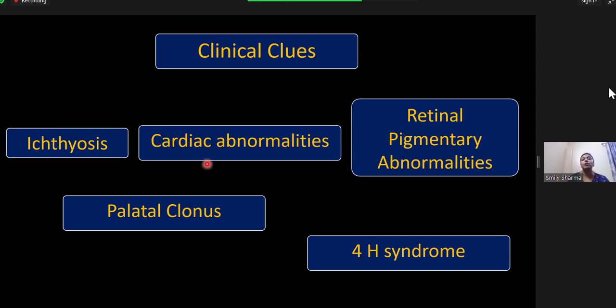Yes, excellent. There can be cardiac abnormalities associated with Kearns-Sayre disease, retinal pigmentary abnormalities associated with Cockayne syndrome and Kearns-Sayre disease, pyramidal signs with clonus associated with adult onset Alexander's disease, and forehead syndrome associated with POLR3 leukodystrophy. We are clinical radiologists and we have to look at all the features along with clinical clues.